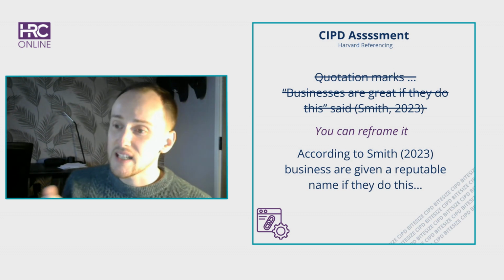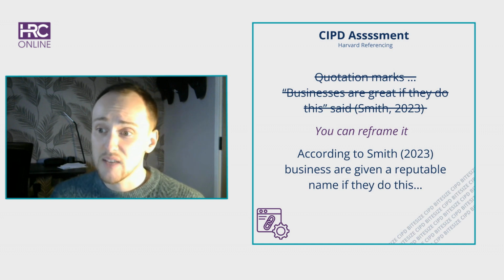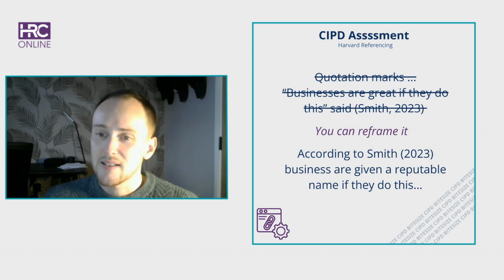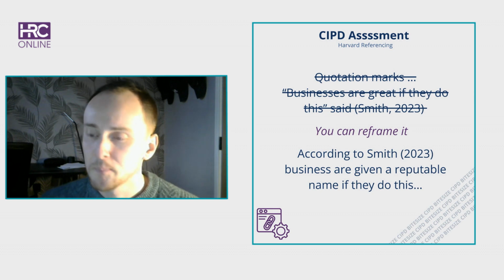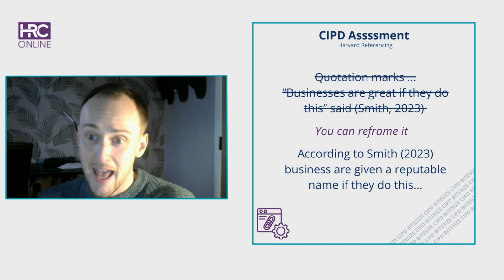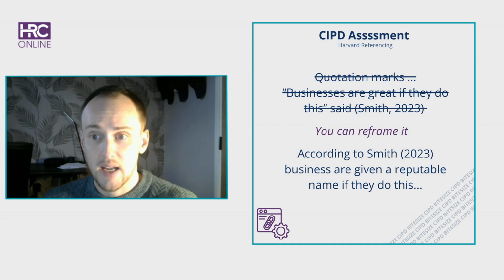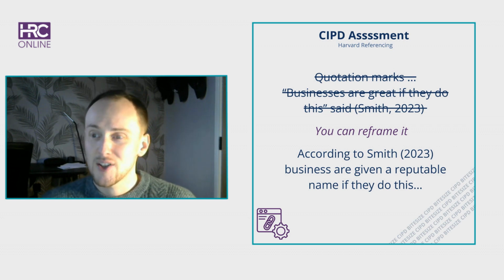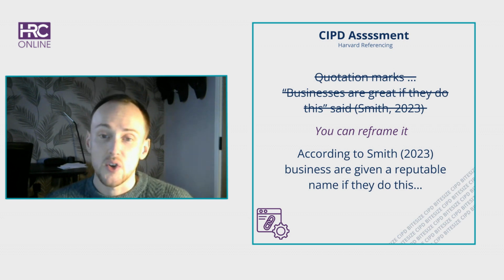So, according to Smith, 2023, businesses are given a reputable name if they do this. It just adds that more academic flair and rigour to what you are saying. You could enhance that reference even further by adding a counter argument or somebody that agrees with what Smith is saying, just so that it starts that academic conversation in your writing.